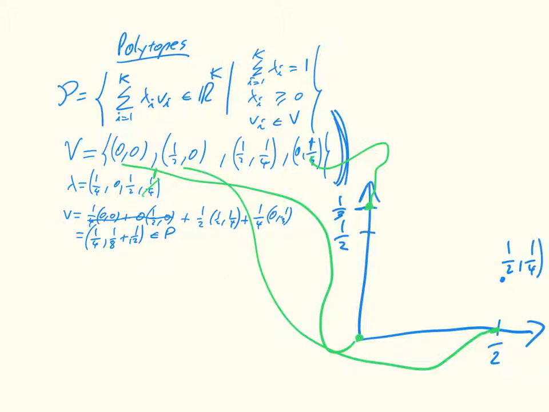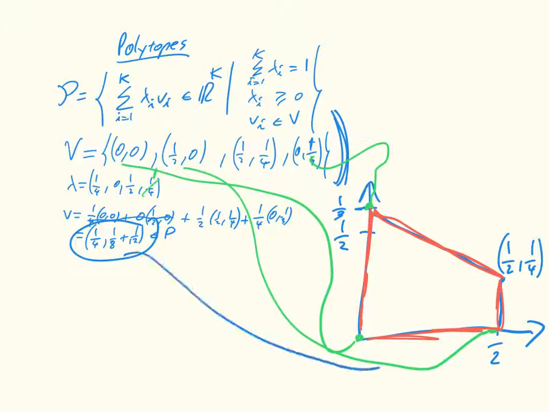a quarter. And so our polytope is the set of all points either on the boundary or inside the boundary. So for example, this point would be somewhere around here.